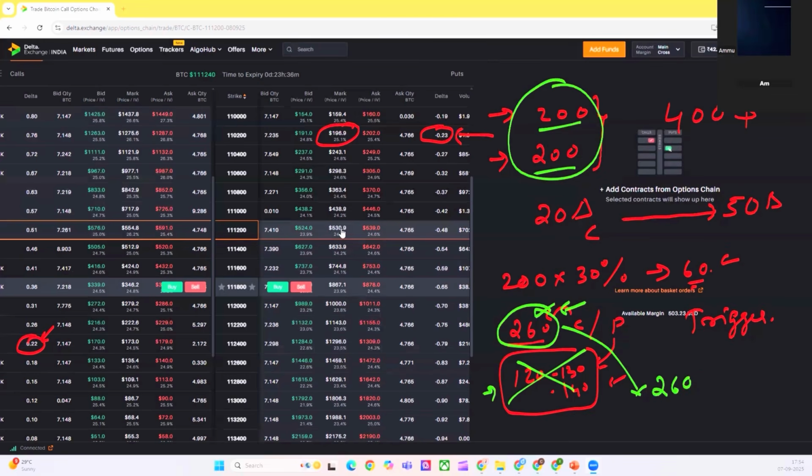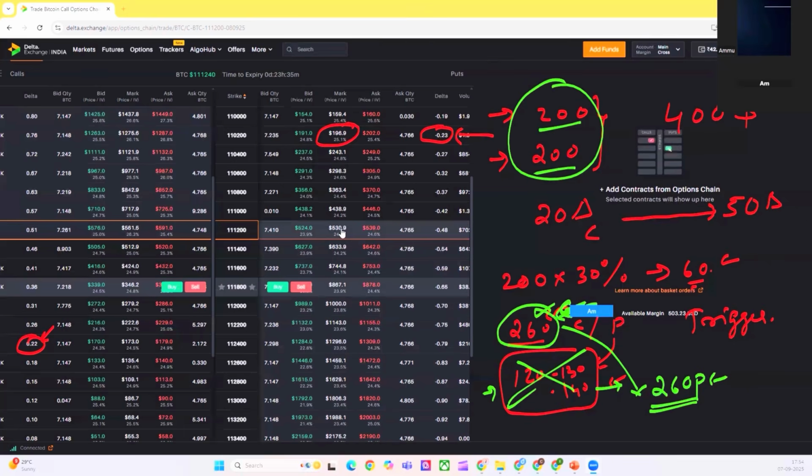So if the 260 call is pending and you exited the put in profit, then you find a 260 put. Go to that strike price where you're getting 260 premium or 250, 270. I wanted it in this range. So you exited this. Now you're going to sell another put which is equivalent to this.